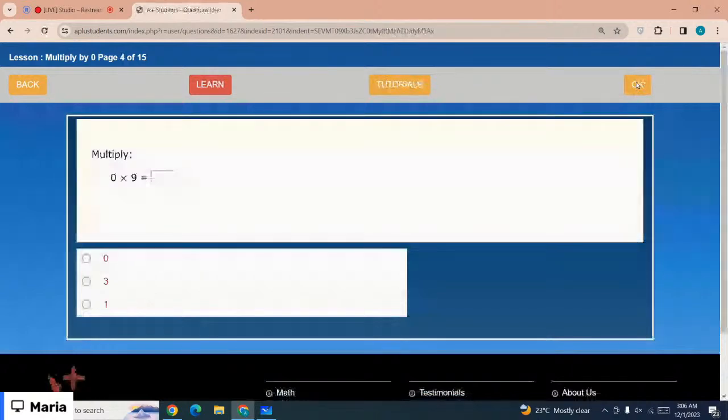Okay, the next one is 0 times 9, which is the correct option. Yes, the correct option is 9. 0 times 9 equal 9. Whatever the number is, if you multiply the number with the 0, the answer is always a 0, right?